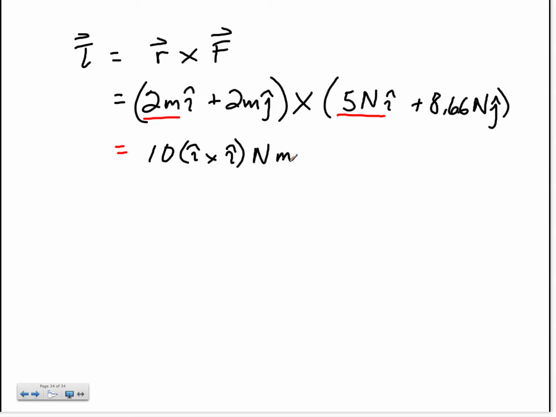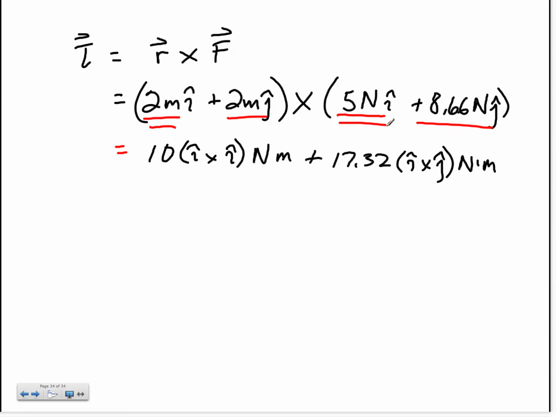So that's taken care of. And then you have 2 times that, so that's 17.32, and that's going to be I cross J, newton times a meter, correct?